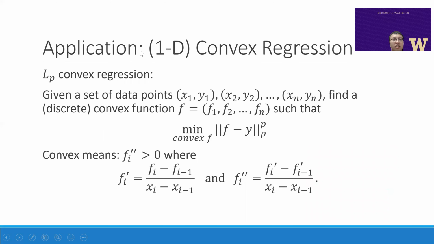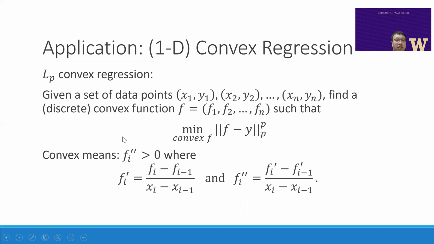The third application is what we call one-dimensional convex regression. We are given a set of data points, x1, y1 to xn, yn, and we want to find a discrete convex function f that minimizes the Lp norm of f minus y.